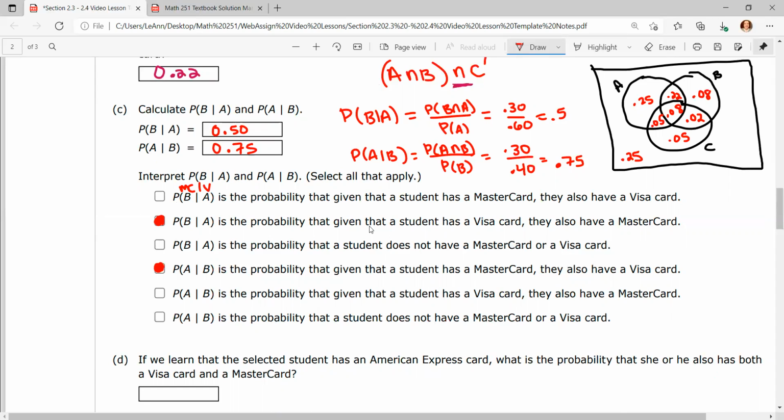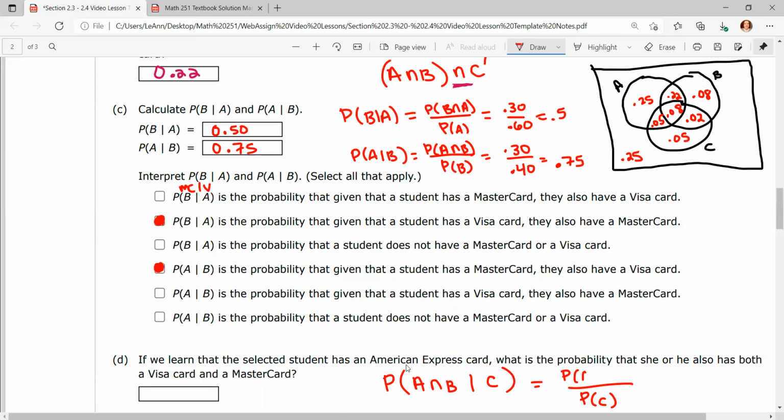And then if we learn that the selected student has an American Express card, what is the probability that she or he also has both a Visa and a MasterCard? So this is a little bit of a combination one. We're going to be given the American Express, so that's set C, but after we know that, they also have both Visa and MasterCard. So that's A intersect B. So for this one, if you write your formula, we know we have an American Express card, but we intersect this group with this one.